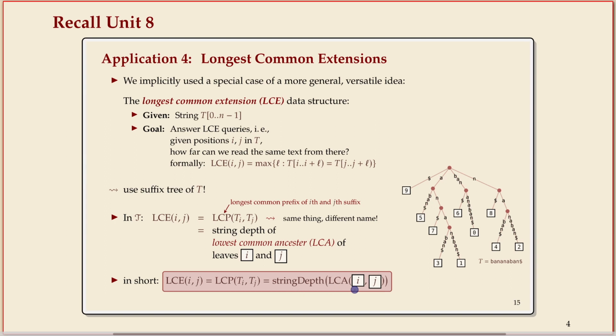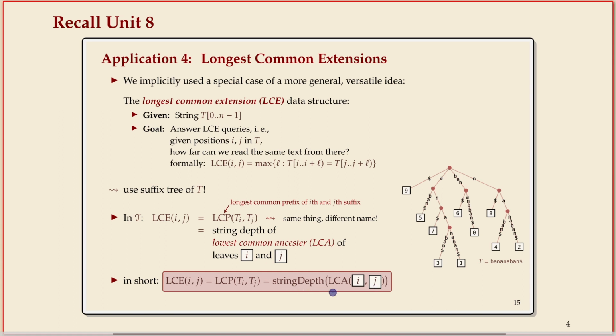We wrote that at the time like this. So if I want to know the longest common extension of two suffixes that start at position i and j, then I can look in the suffix tree for the two leaves that correspond to those two suffixes and find the earliest node where their paths join if I move up, or the lowest common ancestor if I move down from the root.